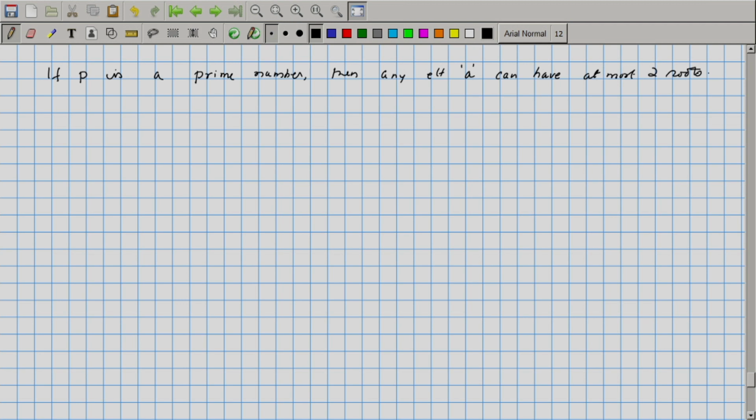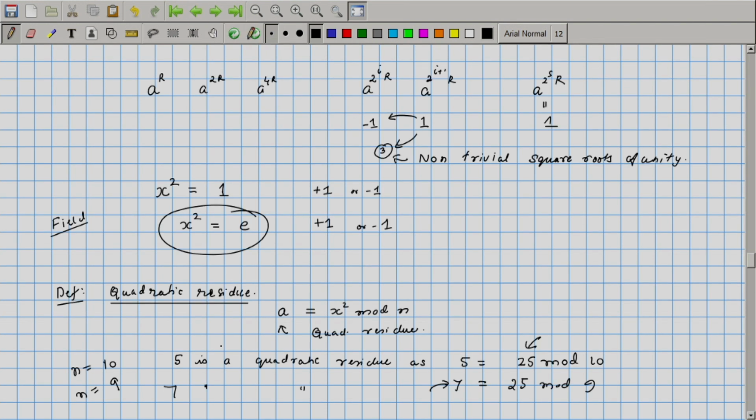In particular, if you take the element 1, it can have only 2 roots, 1 and minus 1, it cannot have any additional roots. When we find a number which satisfies this condition, that is, it is a non-trivial square root of unity, then we can declare it as composite.